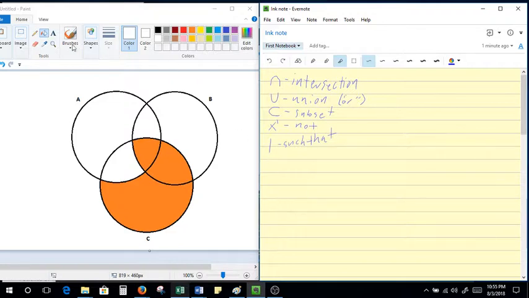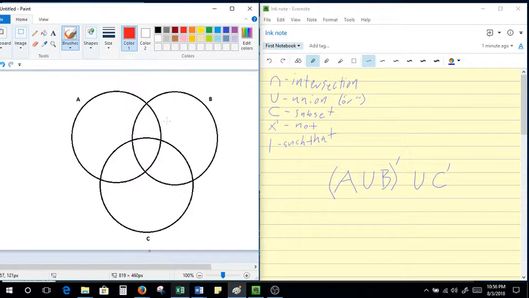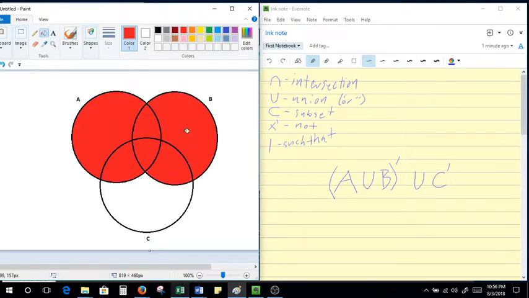Let's take a look at another challenge one. Let's say we have A union B not, and then the union of C. Or let's do not C. Okay. So first of all, we have A union B, which is going to be all of these.